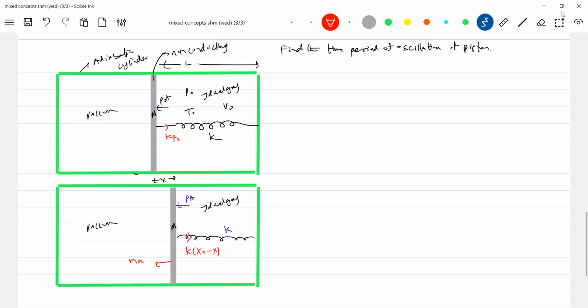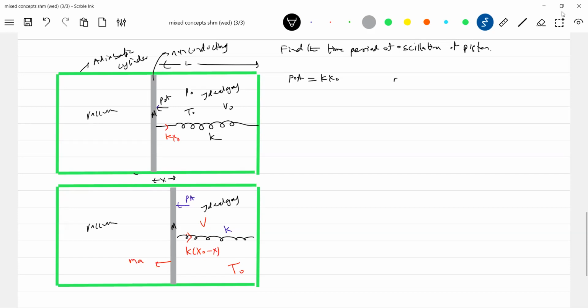What process will the gas undergo? If temperature is constant, it is isothermal; if temperature also varies, it will be adiabatic, or it can even be a general thermal process. To reach a conclusion, let's assume it to be isothermal. Temperature of the gas remains constant, T naught. Pressure and volume are going to change. Initially P naught A is equal to Kx naught.